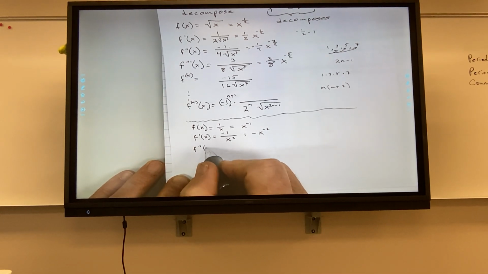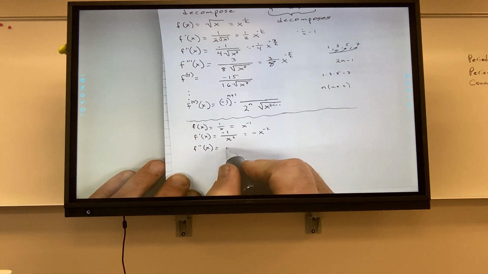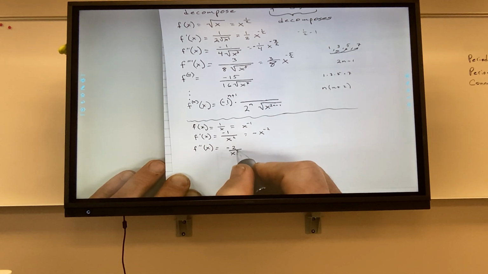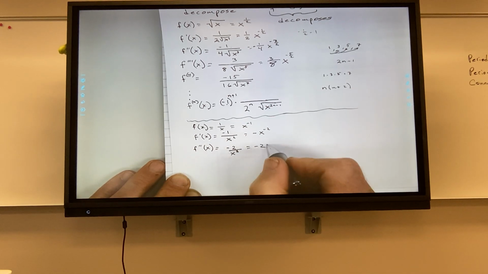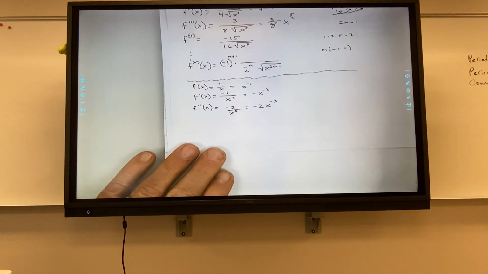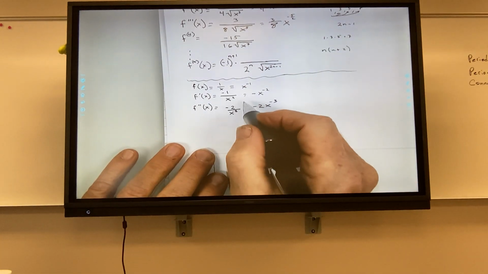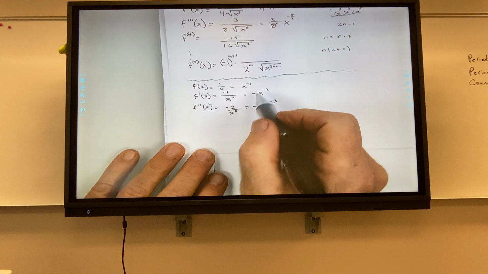Second derivative, it would be negative 2 over x to the 3rd. Perfect, which is the same as this, correct? Wait, is it going to be negative 2? Negative 1 times a negative would be positive.